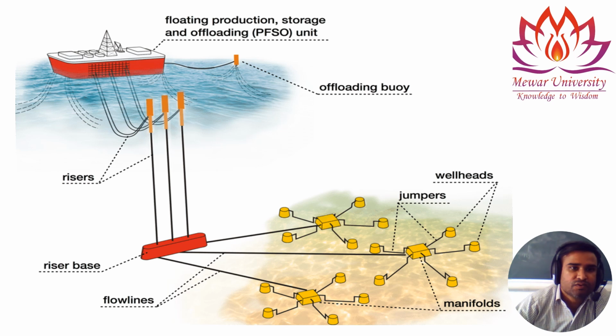And now it will move to the offloading buoy. This is the buoy where the ship is moved. Now further, after loading the produced oil, this will offload to another vessel. From another vessel, the oil is transported.